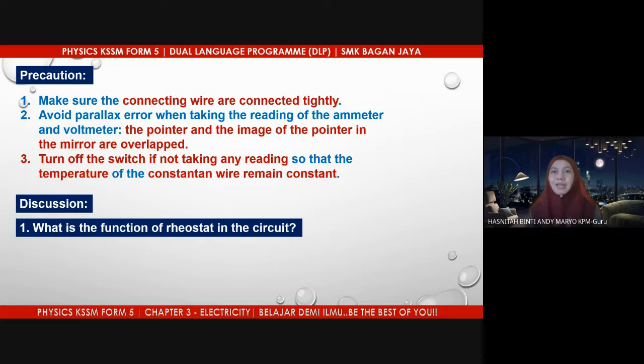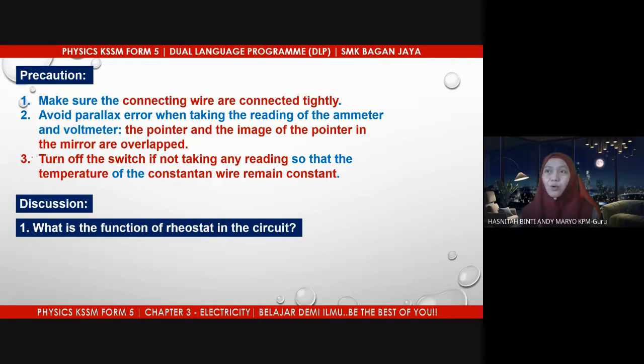You must read exactly from the top of the pointer, not from the other side, because it may show a shadow when you look from the left or the right side. So we look exactly from the top of the pointer to prevent the shadow or overlap of the needle.